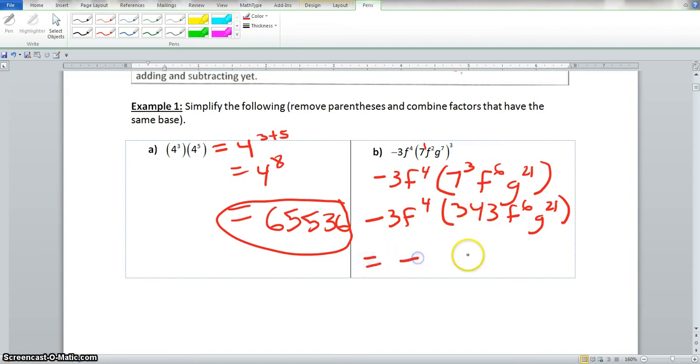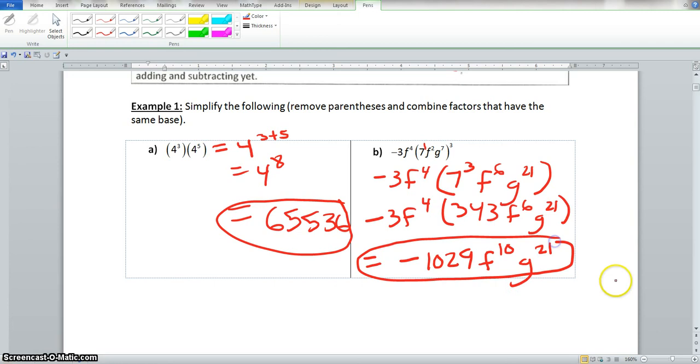We know that is going to give us a negative, that'll be a negative 1,029. And then we have f to the 4th times f to the 6th, which will give us f to the 10th. Because we know when we have the same base, we add the exponents, and we only have just the g to the 21st. And this will be our final answer.